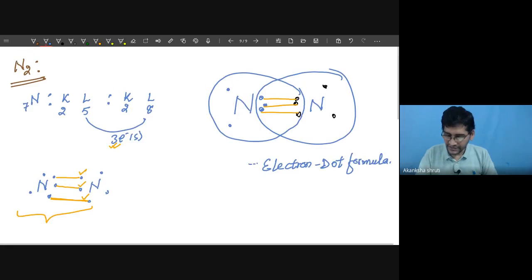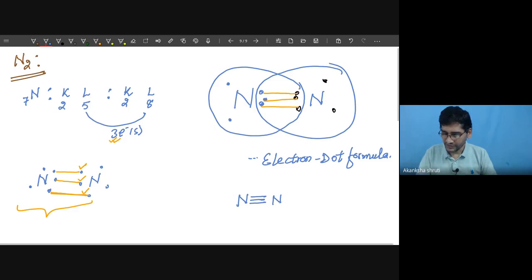But for convenience of denoting, we leave out the unshared electrons and draw the shared electrons with the help of a horizontal line. So here we are getting 3 pairs of electrons shared, so 3 horizontal lines have to be drawn between the 2 nitrogens.